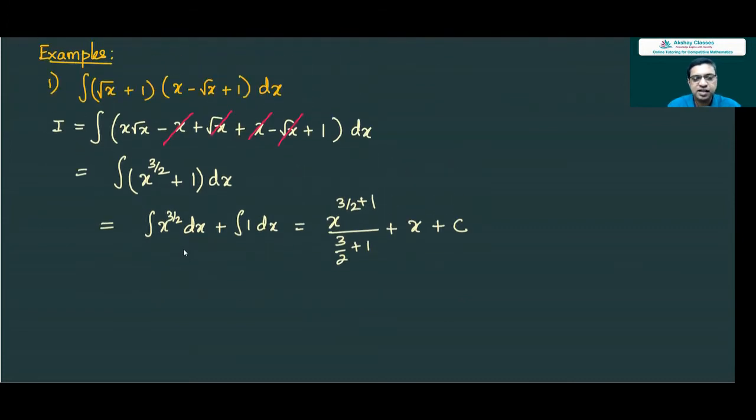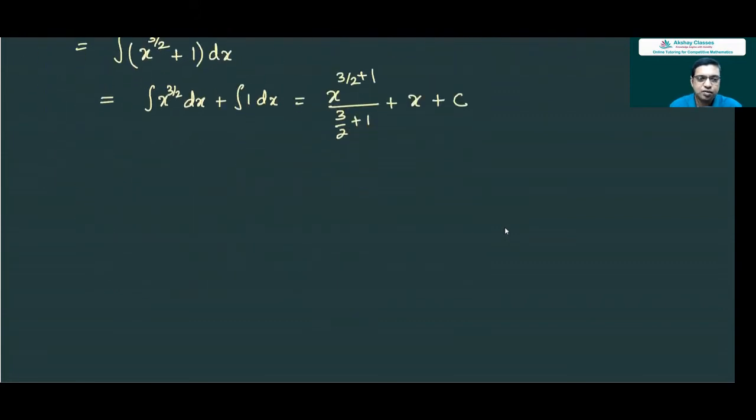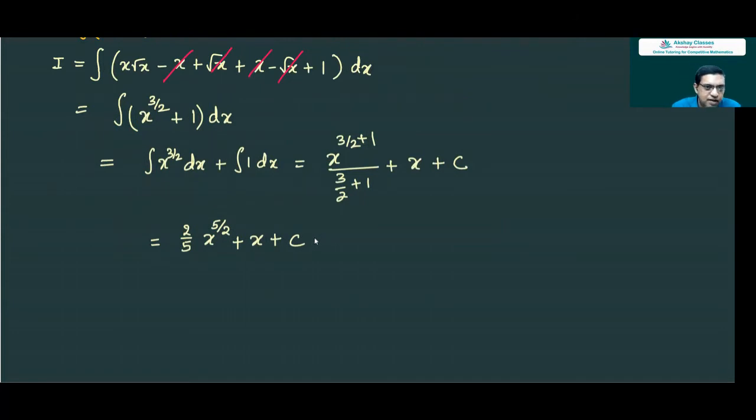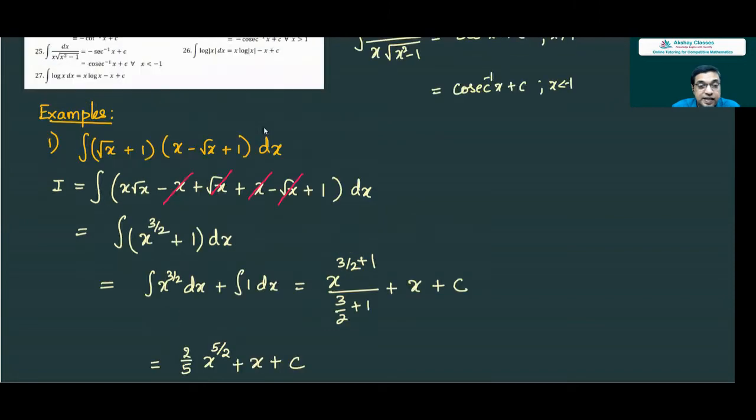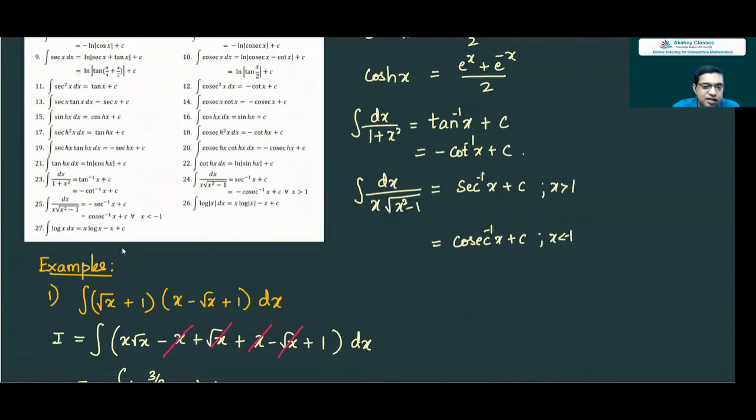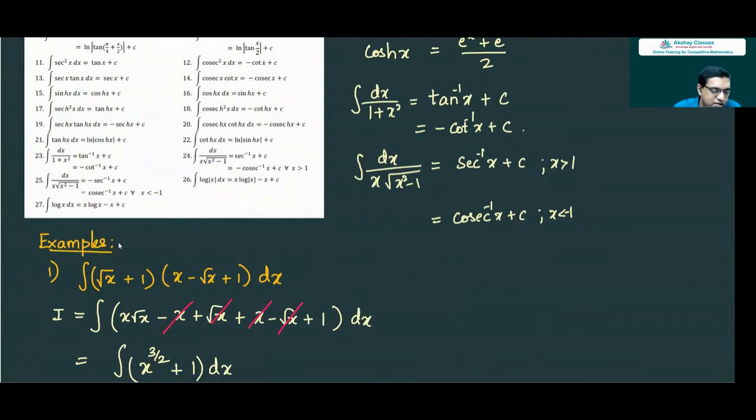I don't want to write C1 here and C2 there, so I'm writing one integration constant together. So we get (2/5) x^(5/2) + x + c. This is the antiderivative. So this apparently complex looking product, we just need to think in terms of the results, and we'll get the solution.